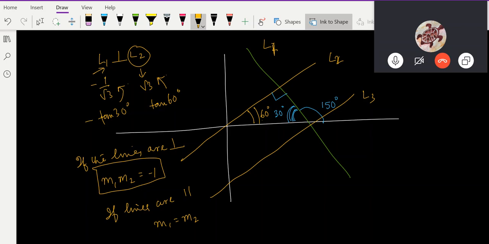So we stop here for today. We will continue with the triangles tomorrow, to find out their coordinates for incenter and circumcenter and the other centers using coordinates.